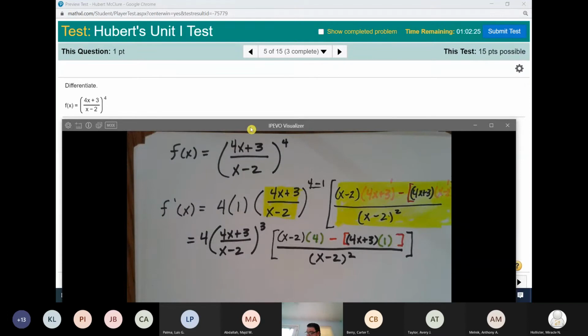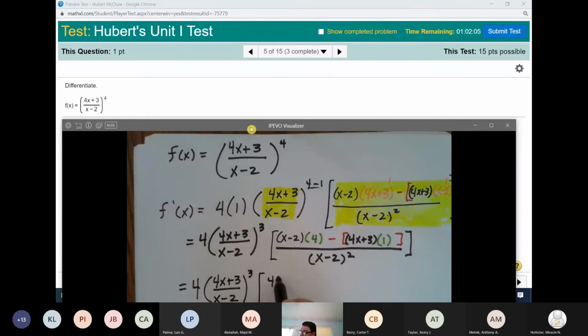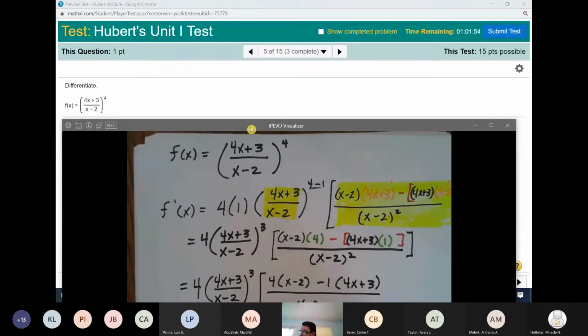So I'm going to rewrite as 4x plus 3 over x minus 2 raised to the third power. And then I'm going to do 4 times x minus 2 minus 1 times 4x plus 3 over x minus 2 quantity squared.